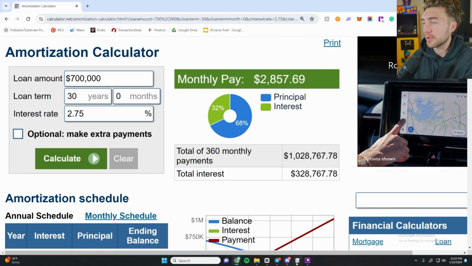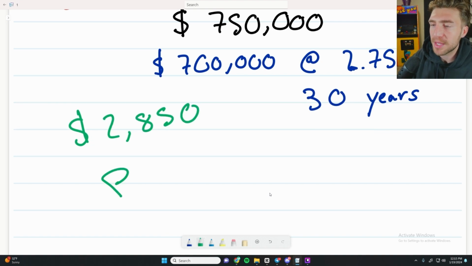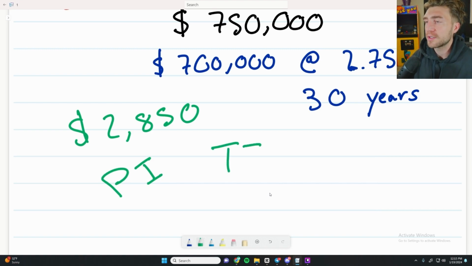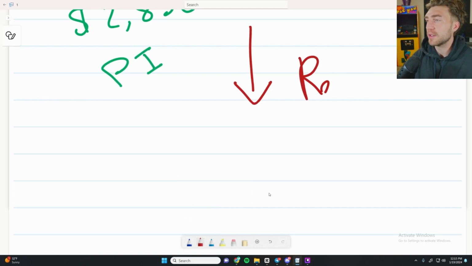So let's flip back over. 2,857. Just to simplify it, we're going to just say 2,850. Got it? This is our PI, our principal and interest. This is not our taxes and insurance, right? This is not all of our holding costs. We could continue to calculate what our rent is and then subtract our PI and our TI, right?